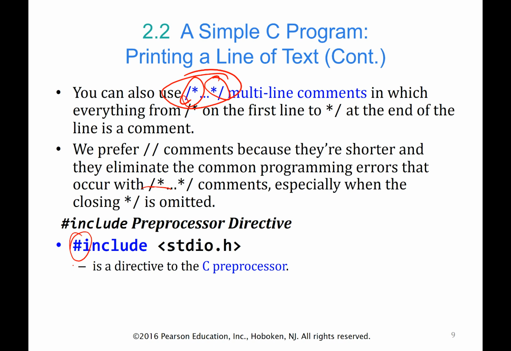In this case, it goes and gets a file from the C compiler directory called stdio.h, which stands for standard IO, .h is a header file.